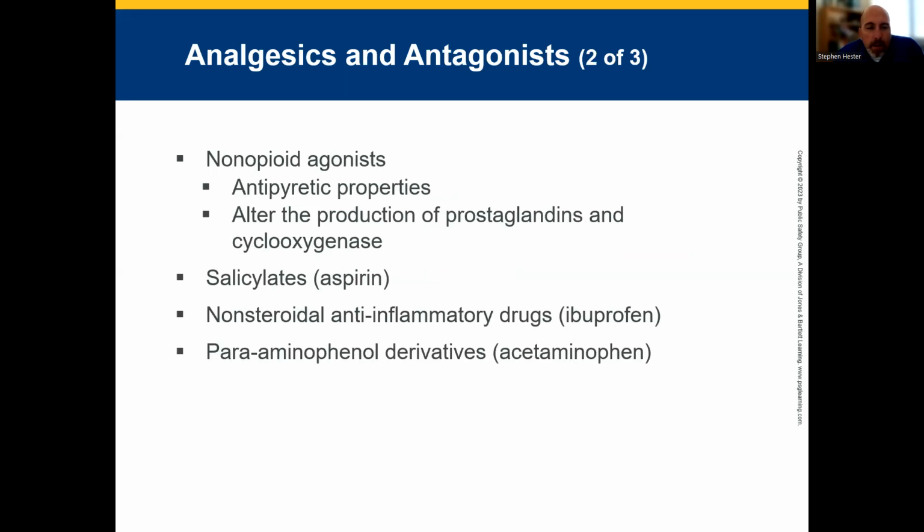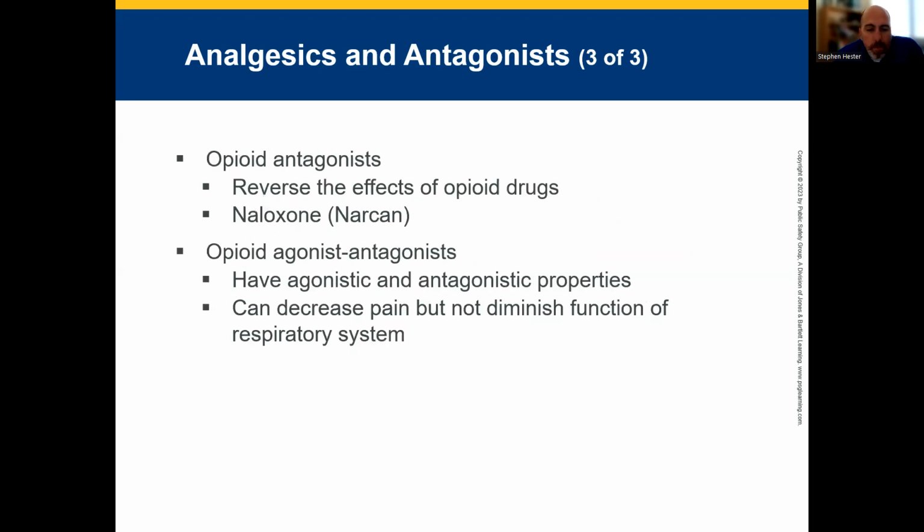Non-opioid agents have antipyretic properties, such as Tylenol and ibuprofen; they can reduce fever. NSAIDs also, such as ibuprofen. Narcan is an antagonist, and it reverses the effects of opioid drugs.